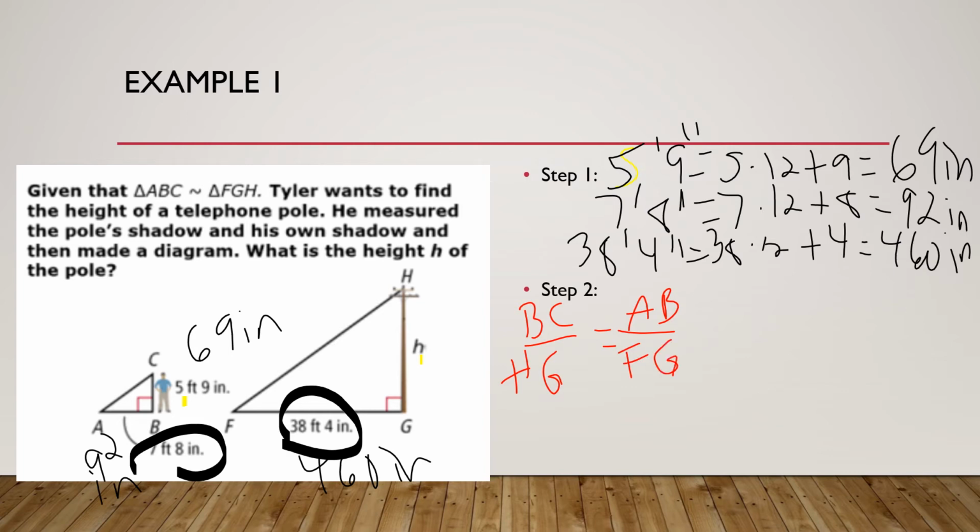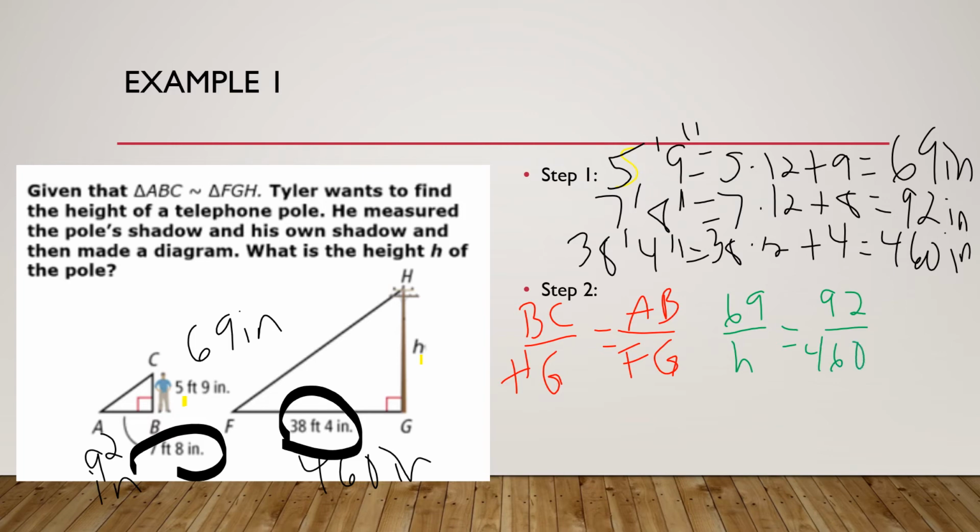So now we could substitute in our values. BC is 69 inches, HG is h, AB is 92 inches, and FG is 460 inches.